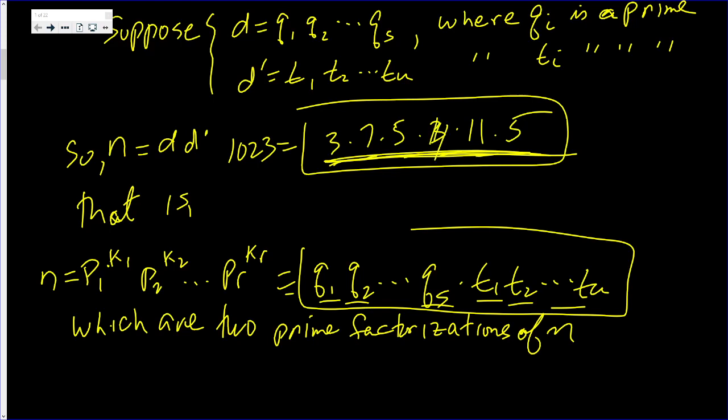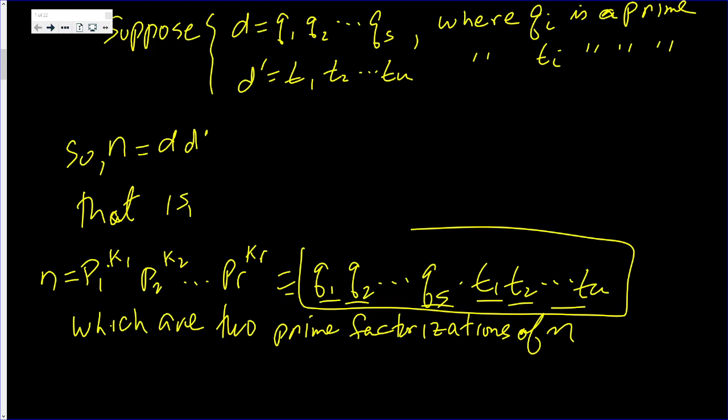I have every right to put those two 3's together and those two 5's together and maybe put the 7 at the end. So yeah, those are two prime factorizations. Well, this implies that q sub i must be one of the p sub j's.